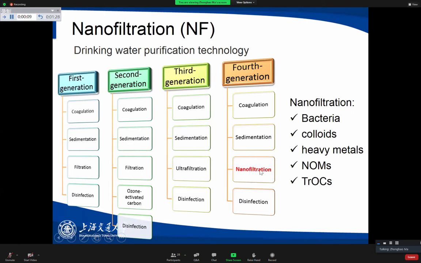The treatment based on filtration is considered to be a better technology to obtain safe water. Nanofiltration can remove natural organic matters, especially trace organic compounds.